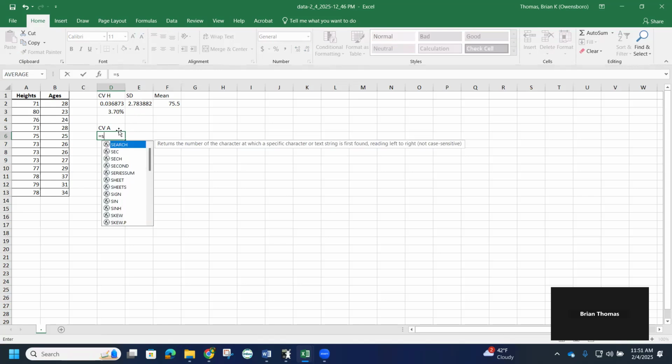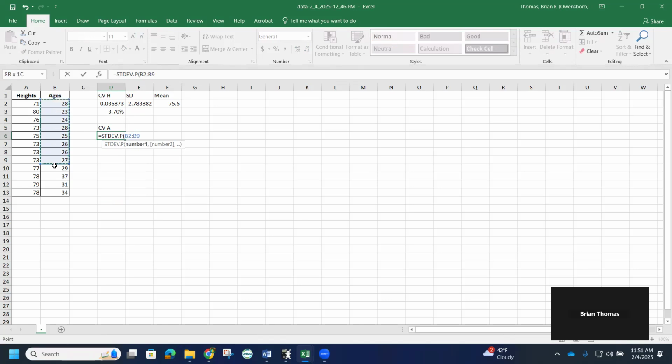So I can type in ST population, and then I could bring this in, and that's going to calculate my standard deviation. And then I can divide that by my mean. So I can then just type in AVE, average. Then I can highlight these numbers here, the ages, so B2 through B13 and B2 through B13.